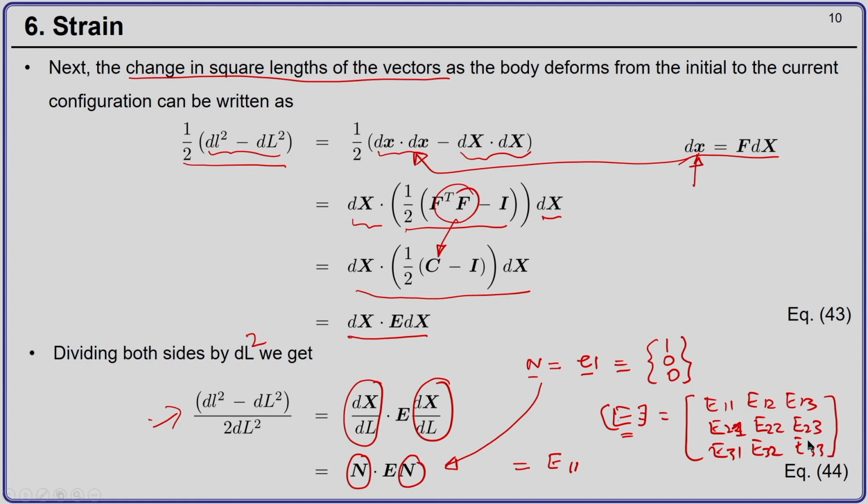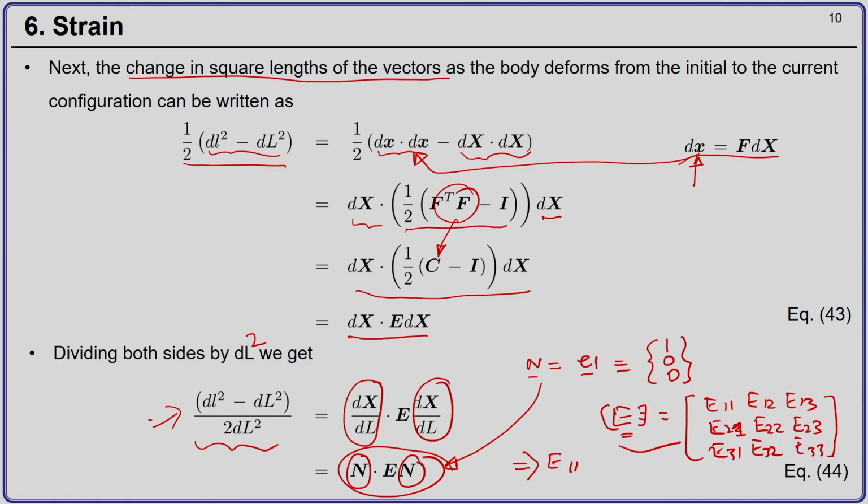So, N is 1 0 0 and E is this quantity over here. If I substitute everything here, I will get the resultant E11, and that was the expression for Green-Lagrange strain in one dimension. If you remember, this was the expression that we used.